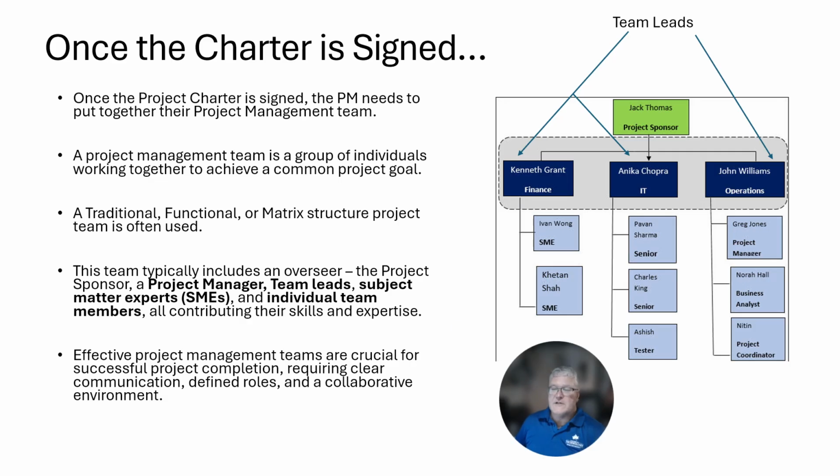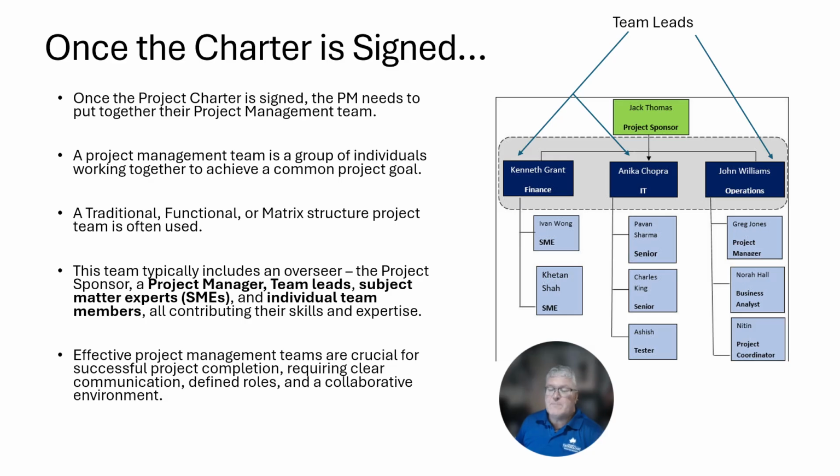Once the project charter is signed, now what? Well, once the project charter is signed, the PM puts together their project management team. A project management team is a group of individuals working together to achieve a common project goal. Some structures that are involved with your project management team include traditional structure, functional, and matrix structure.